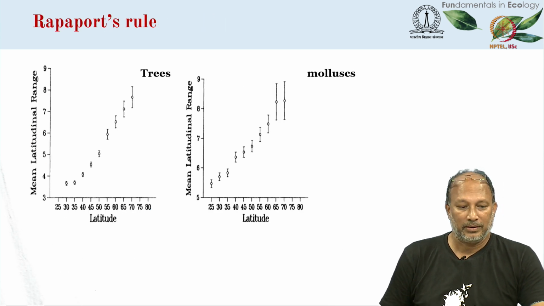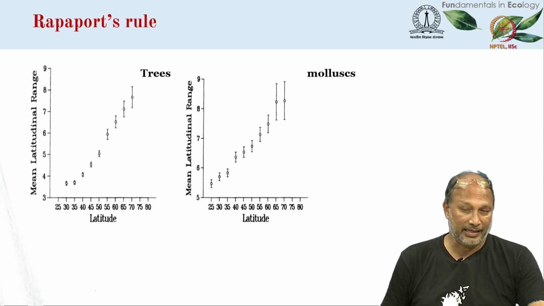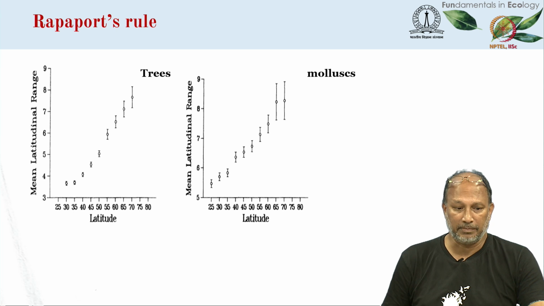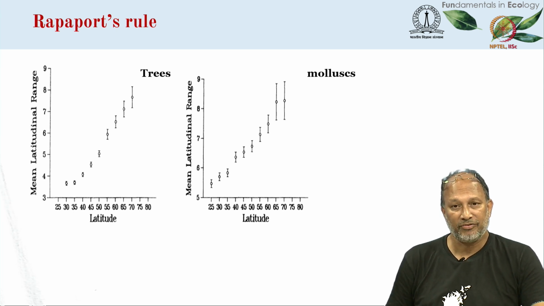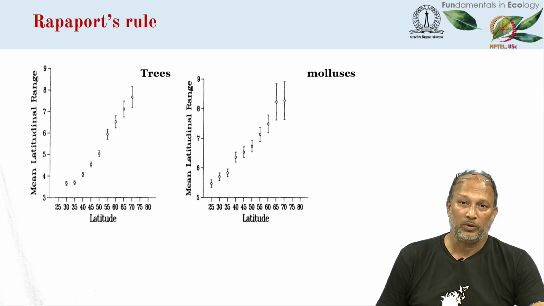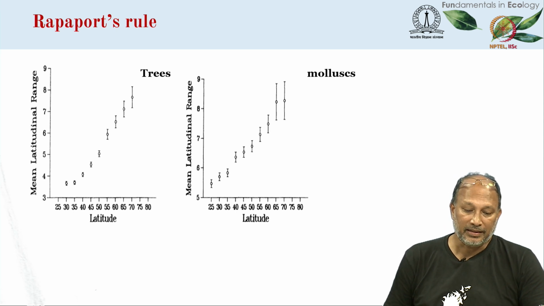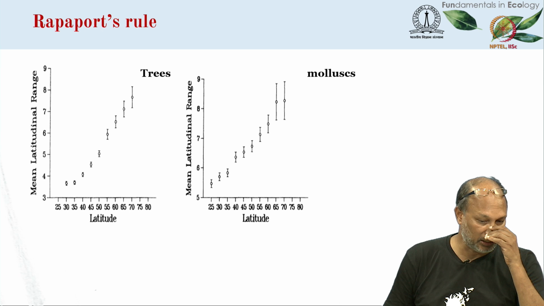Now, in the 1980s, George Stevens proposed something called Rapoport's rule. And he named this after Eduardo Rapoport, who had proposed a similar pattern in mammals, where it was seen that the geographical range size, that is the latitudinal range, the latitudes within which an organism was found, increased as you went from lower to higher latitudes, that is from the equator to the poles.